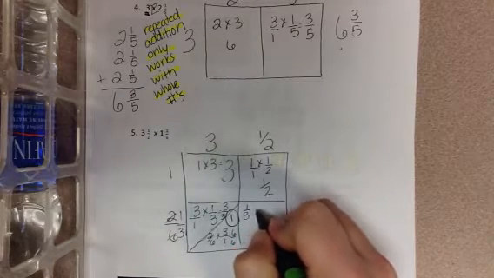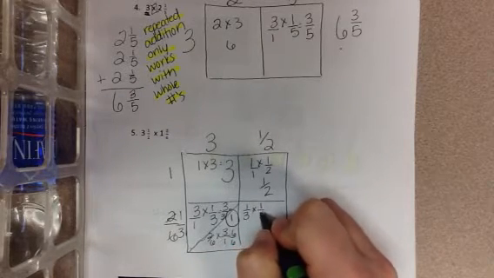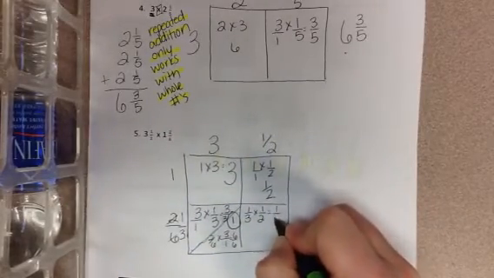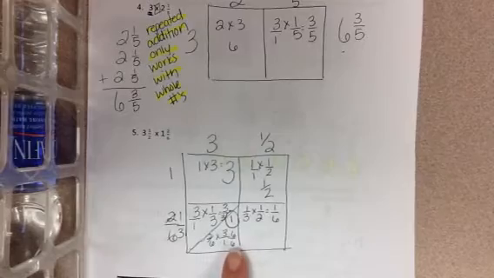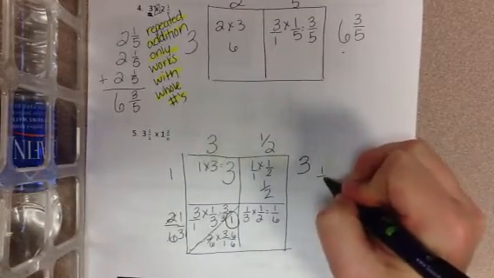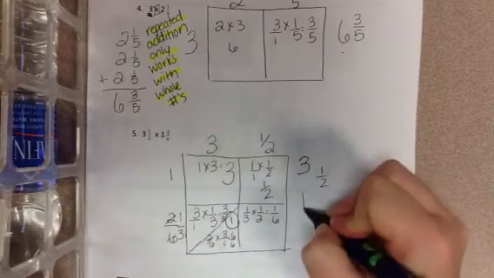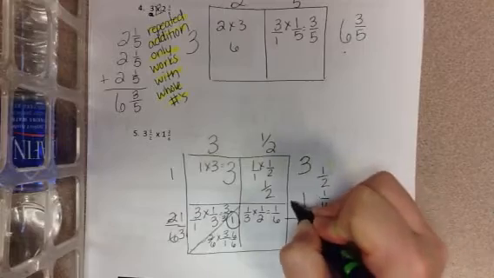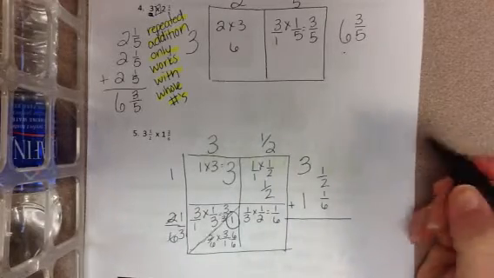So what about 1/3 times 1/2? 1/3 times 1/2 gives us 1/6. For step 1, I multiplied all my parts. Step 2, I have to add them up. Step 3, so what am I going to do?